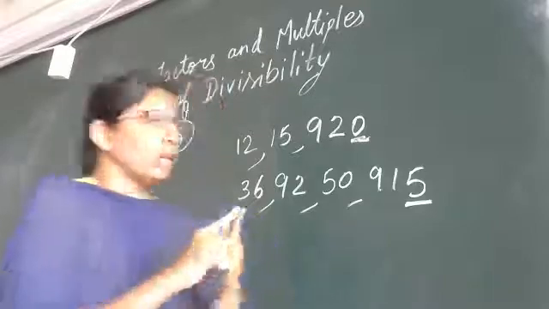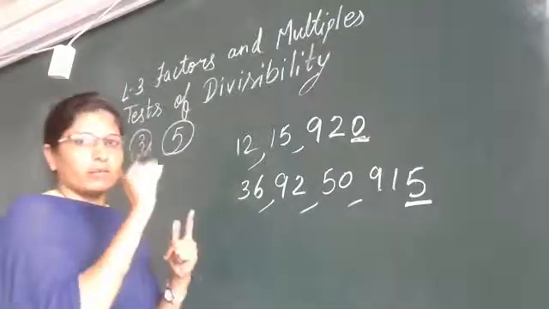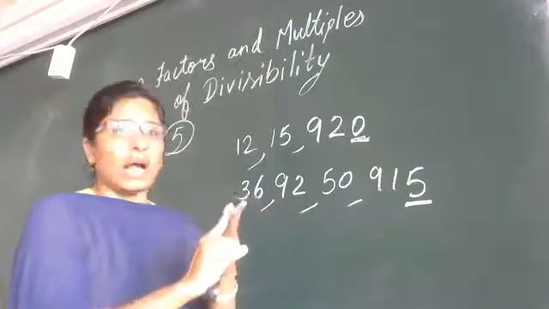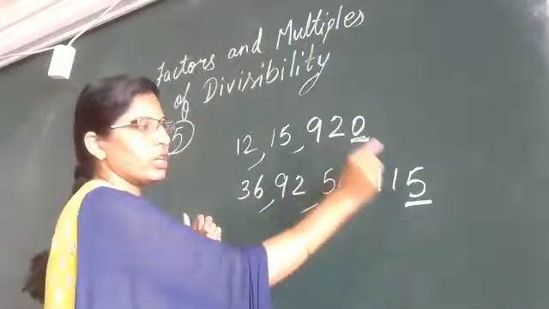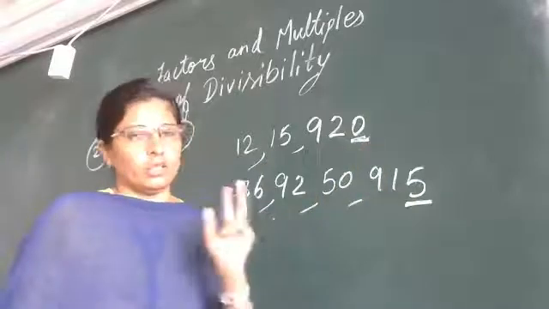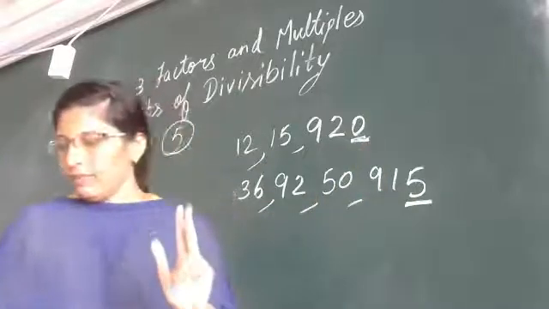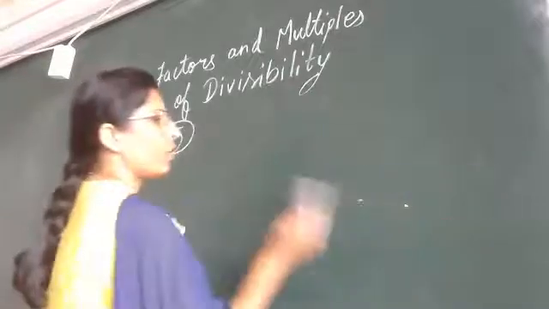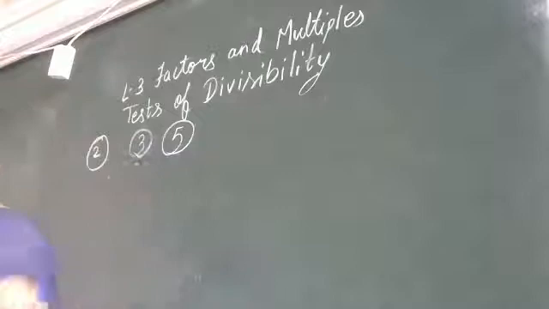Divisibility by 3: we have to add the digits. Divisibility by 5: in one's place 0 or 5 should be there. So these are the divisibility tests of 2, 3 and 5.